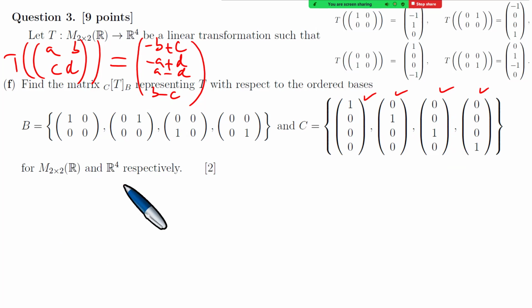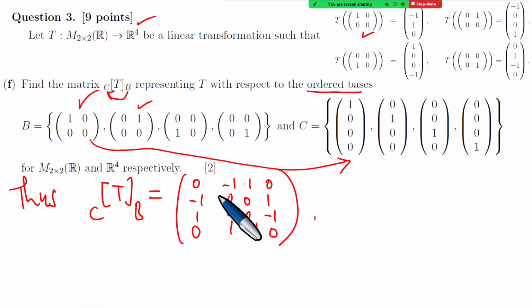I want us to write, for instance, T of A, B. We've already done it, but I want to write this in more detail, because you see the order. The first would have its first image. The 0, 1, 0, 0 would have the image of that. The 0, 0, 1, 0 would have its image as that. And the 0, 0, 0, 1 would have its image as that.